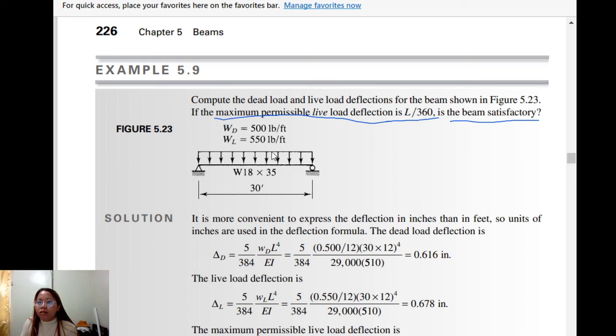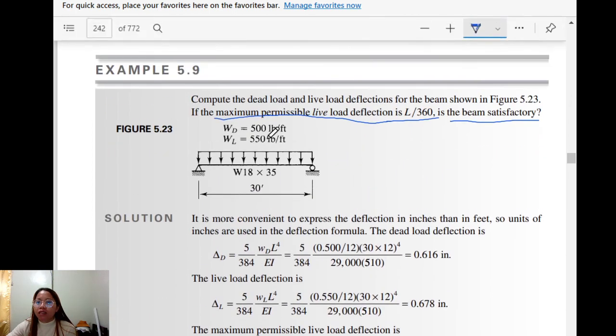So with these loads, dead load and live load, you have to solve for the maximum deflection of the live load only. It is more convenient to express the deflection in inches than feet, so the given dead load and live load in pounds per foot must be converted.